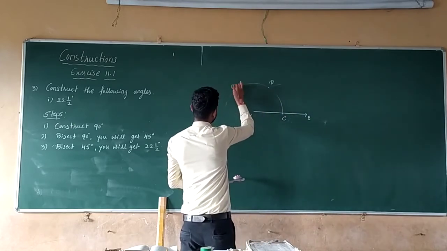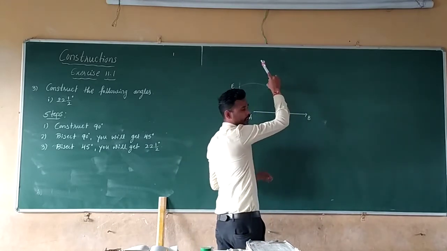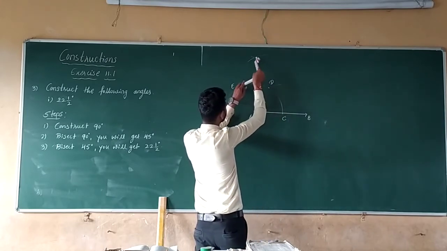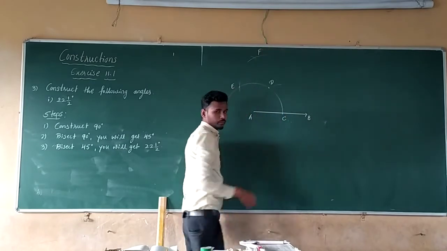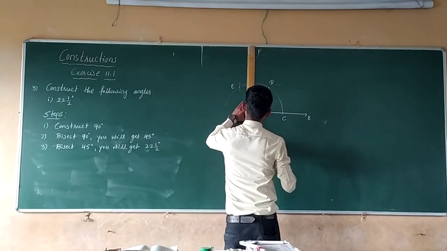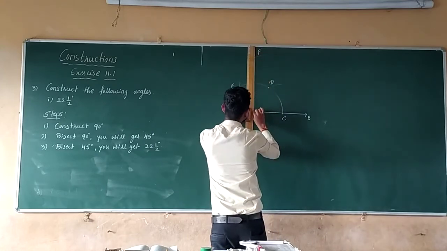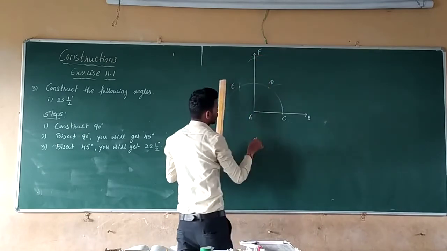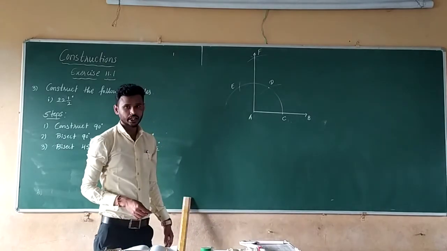This is point E. And next, taking D and E as centers with some radius, draw two arcs. So that is the point M. Then through A and M, draw a ray. So this will become 90 degrees.